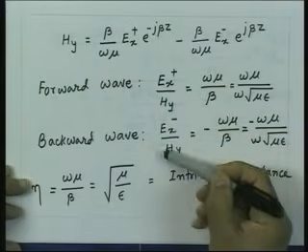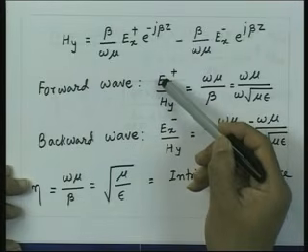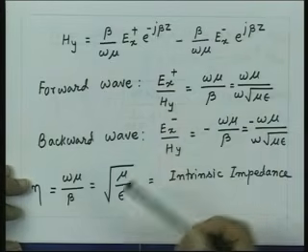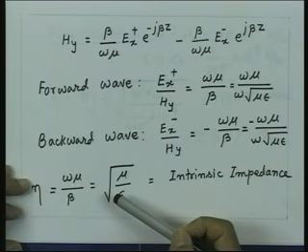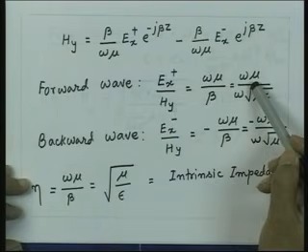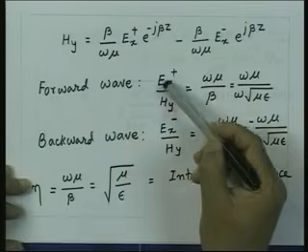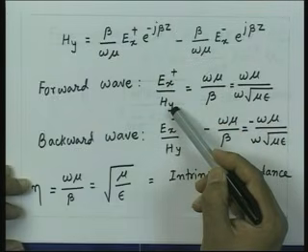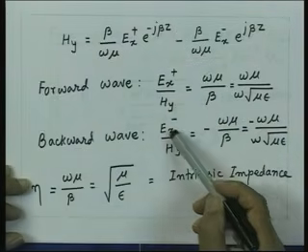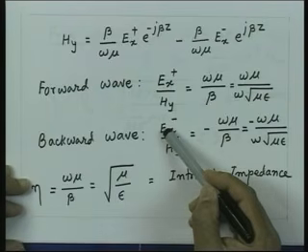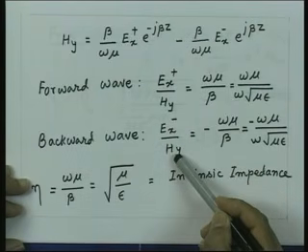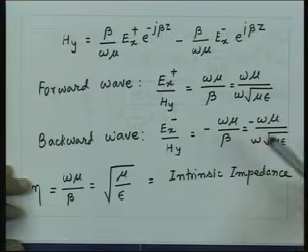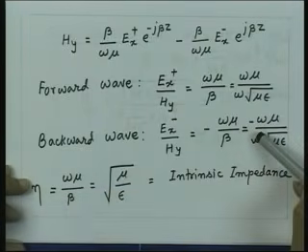However, at this point we can say that the ratio of the electric and magnetic field is eta if I take Ex as the electric field and Hy as the magnetic field. However, if I take x oriented electric field and y oriented magnetic field, but the wave was travelling in the backward direction, then the impedance seen by the wave is negative.